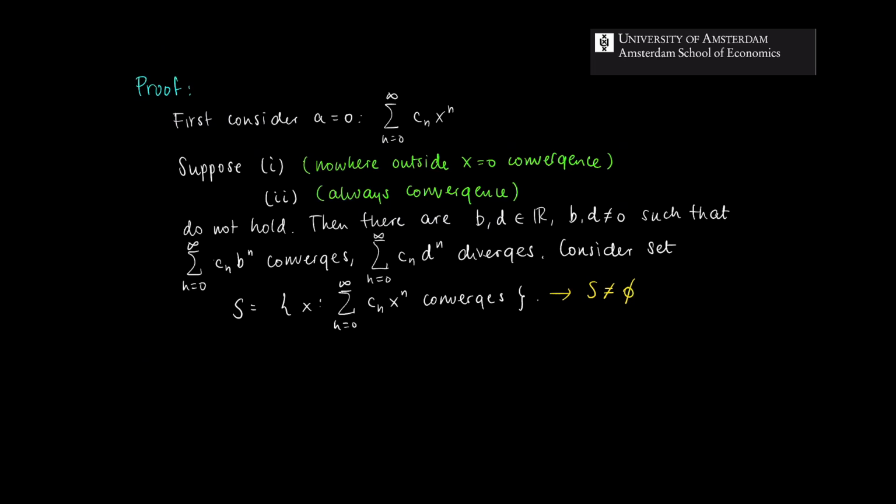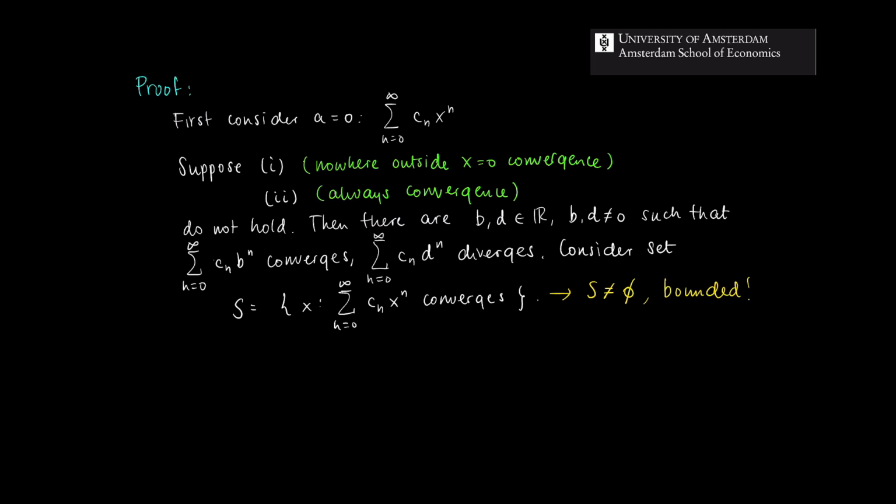Secondly, we also have that this set is bounded. Well, why is this set bounded? We know that we have divergence for d, and in the previous theorem I've also shown that once you have divergence for some d, then the series will also diverge for any x which has an absolute value larger than this d.